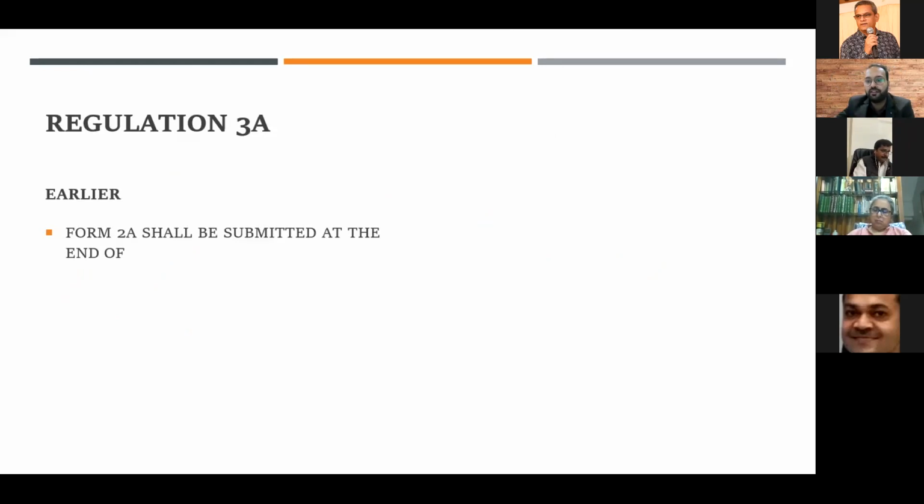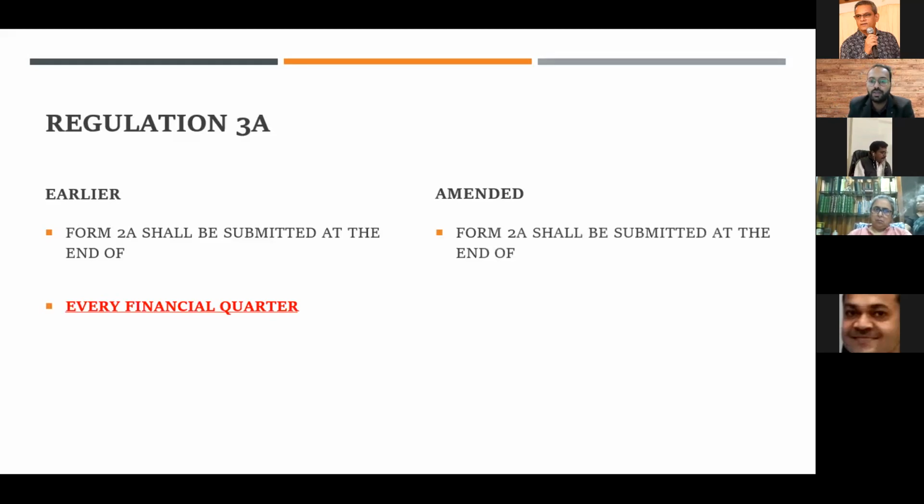He has to submit it every quarter, and as per the latest order and circular, we had the QPR system. In this, every quarter, before the 7th, we had to submit this certificate. But now this position is being changed, and instead of every quarter, it is to be submitted at the end of every financial year.